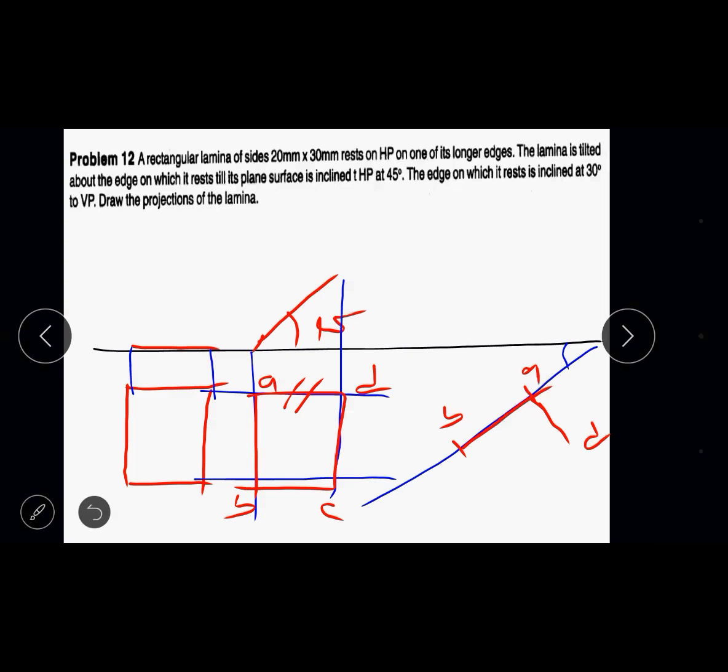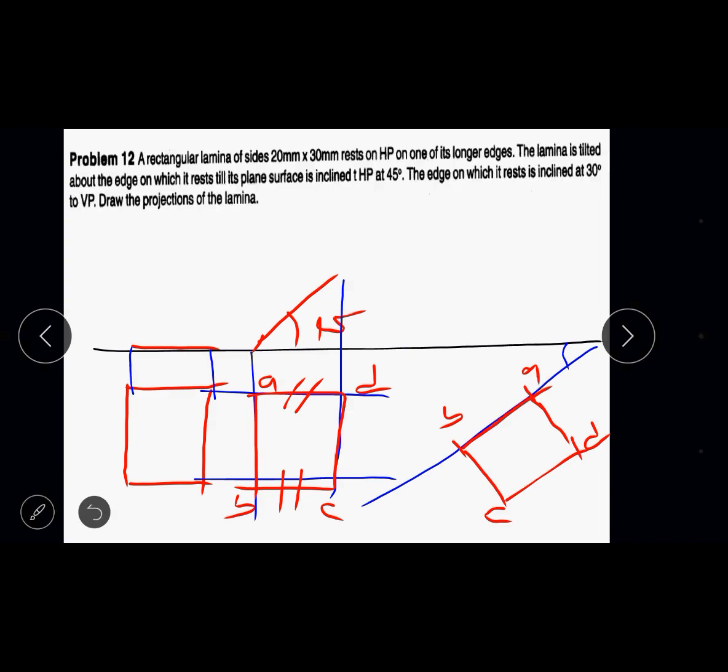Then similarly, keep your protractor center point at position B. Construct a 90 degree line with dimension BC. Measure the dimension BC of the previous top view. This will be your BC. Then join it. In this way you will be transferring the irregular shape lamina from the second step to the third step.